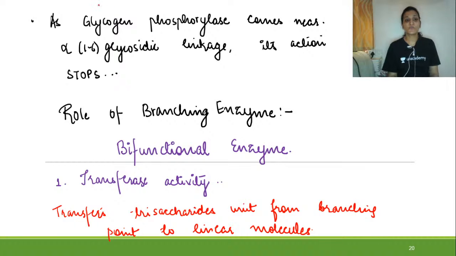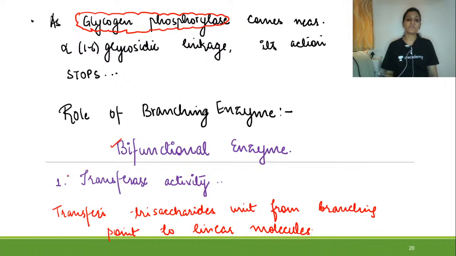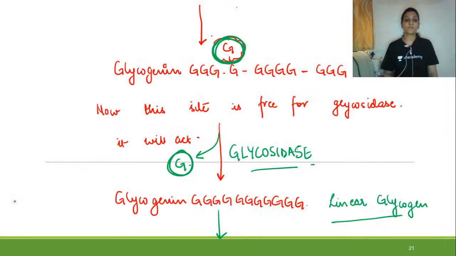Whenever it comes near the alpha 1,6 linkage, it stops acting. Then the bifunctional debranching enzyme acts. First is its transferase activity, which transfers glucose residues from the branch to the linear molecule.